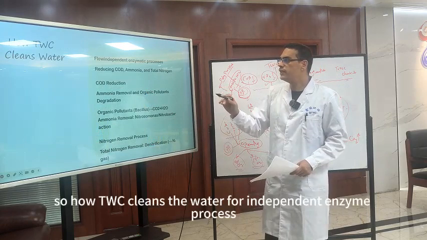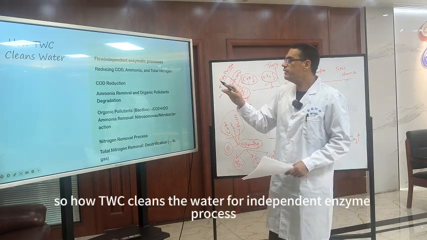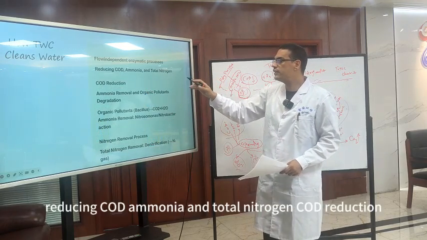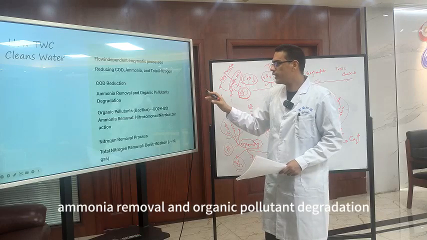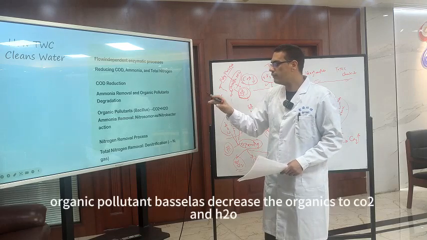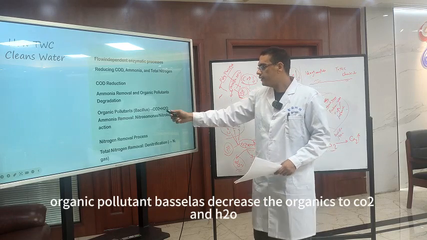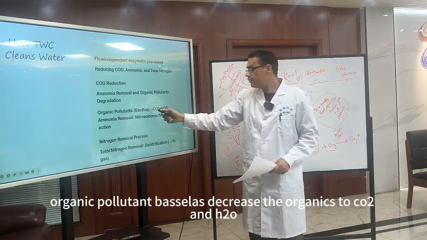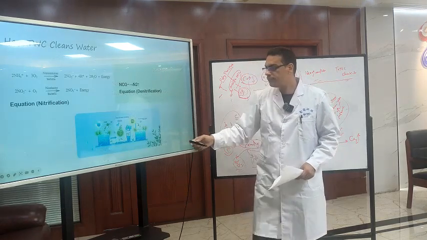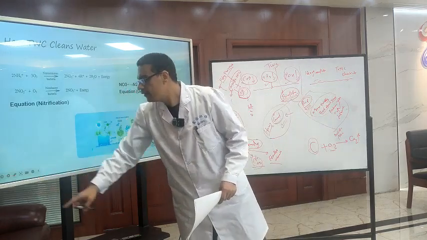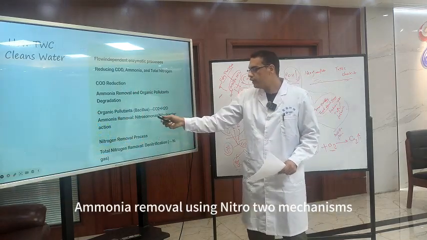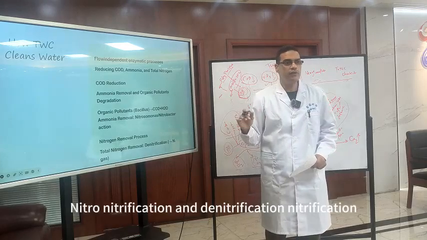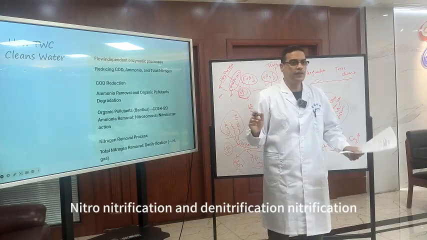So how does TWC clean the water? Four independent enzyme processes, reducing COD, ammonia and total nitrogen: COD reduction, ammonia removal and organic pollutant degradation. Bacillus decreases the organics to CO2 and H2O. Ammonia removal uses two mechanisms, nitrification and denitrification.